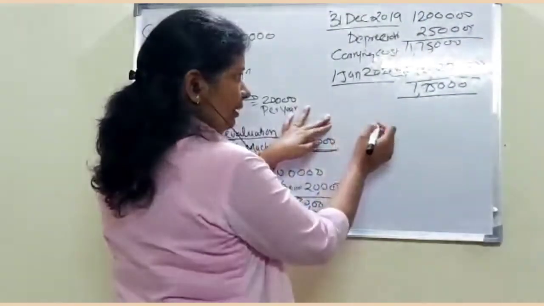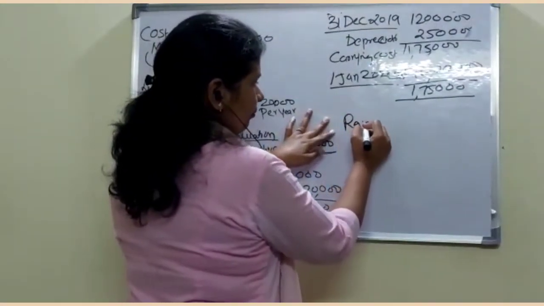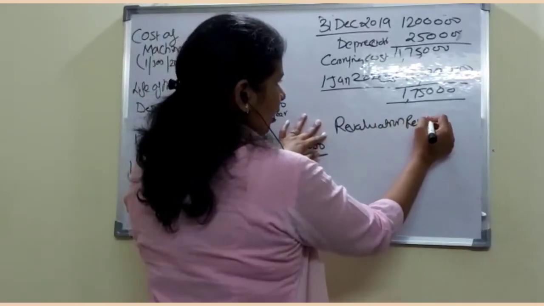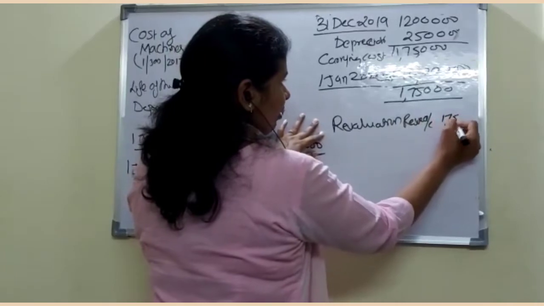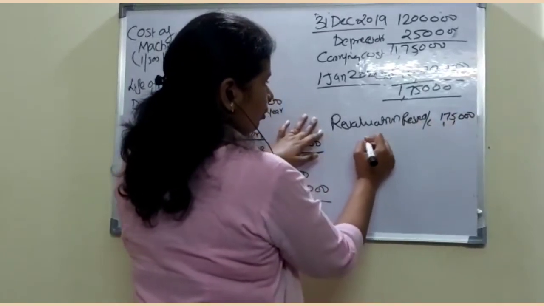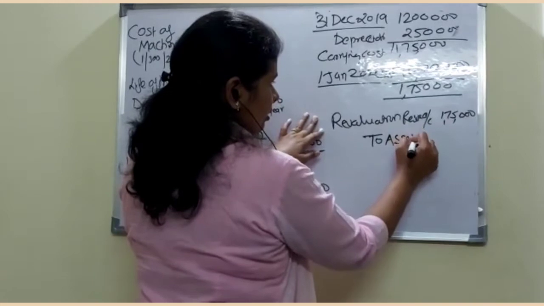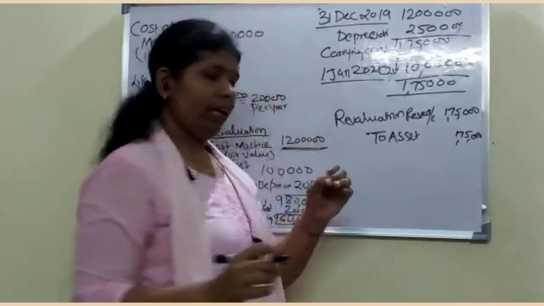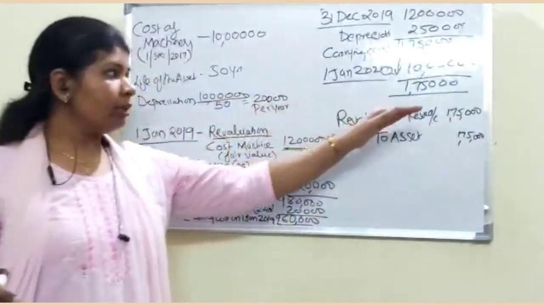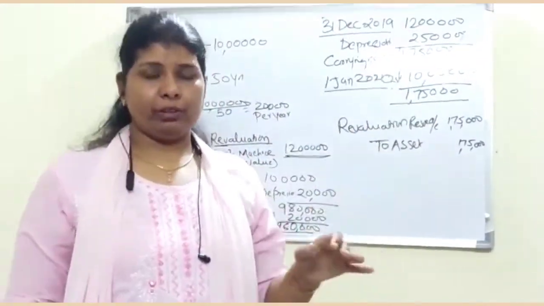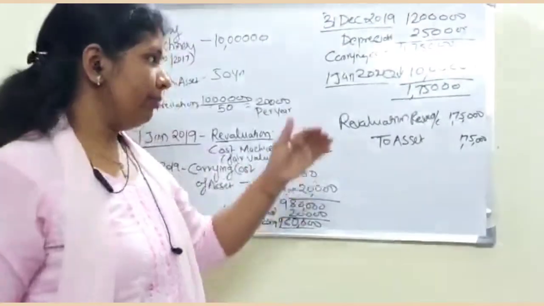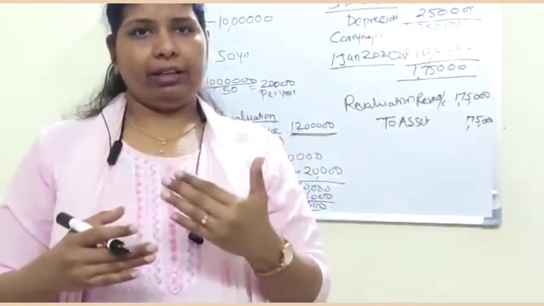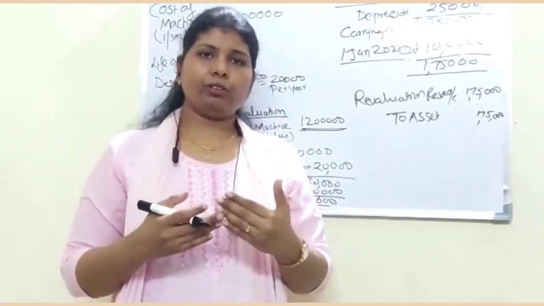The entry will be: revaluation reserve account debit 1,75,000 rupees, and I will bring down the cost of the asset by 1,75,000 rupees. This way we reduce the cost of the asset due to revaluation, and the effect is adjusted in the revaluation reserve which was previously created.